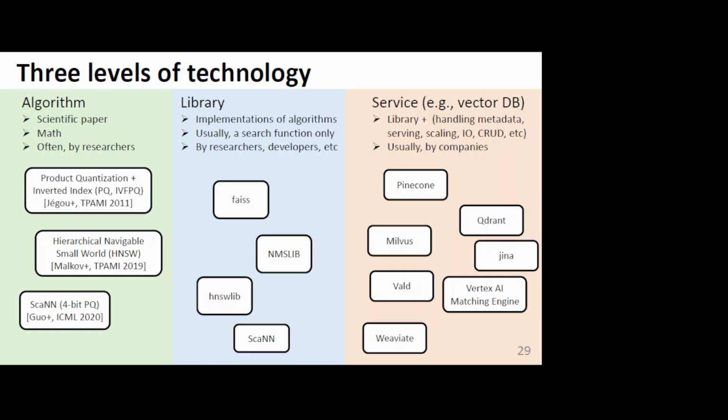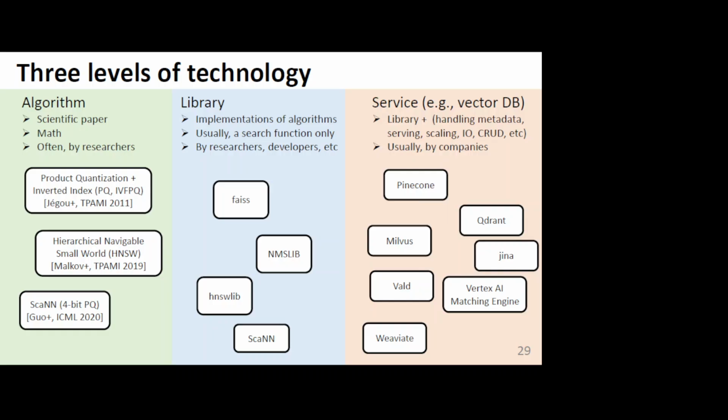Okay, so now the ANNS search we can already divide into three basic technologies, three levels. We can regard it from three different levels: algorithm, library, or service. The algorithm level is mainly addressed in scientific papers, and it is also our main research goal and research topic.